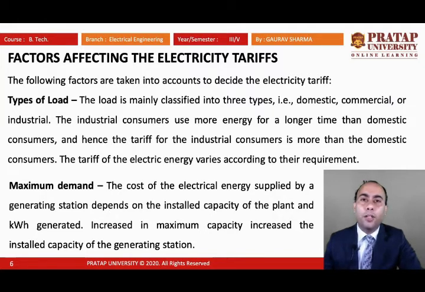Commercial consumers are using electricity during the daytime only, because offices generally run in the daytime. Industrial consumers are using electricity 24 hours, but at night time their production is on the peak side, so they are consuming more electricity at night time.